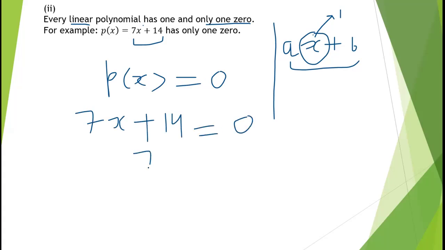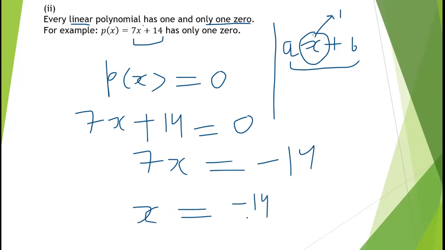This will give us 7x equal to minus 14, and this will give us x equal to minus 14 by 7, which is equal to minus 2. So here, we have got only x equal to minus 2 as a zero of this polynomial. So if we have any linear polynomial, then it has only one zero.